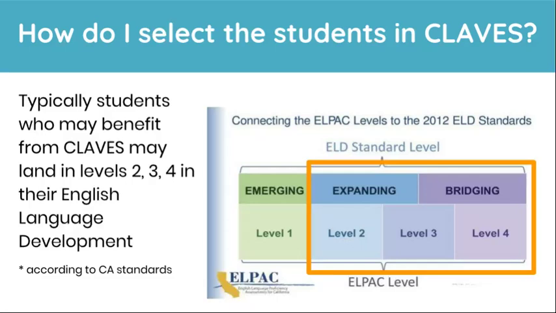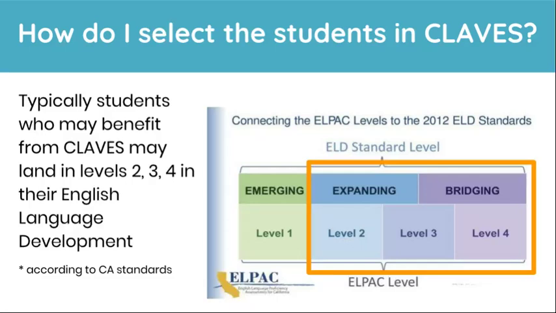So, typical students who may benefit from CLAVES, if you're thinking about the LPAC, which is the California language assessment given to students who are bureaucratically labeled as English learners. Don't like to use that term, but we use multilingual students, right? Highlighting their assets.